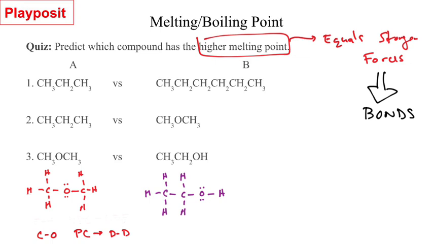I could do the same argument for the next structure. We're going to have carbon to hydrogen and carbon to oxygen and oxygen to hydrogen and carbon to carbon. The carbon to carbon and the carbon to hydrogen are both nonpolar covalent bonds, which is going to lead to London dispersion forces, which is all exciting for me to write because what can we do with it now?